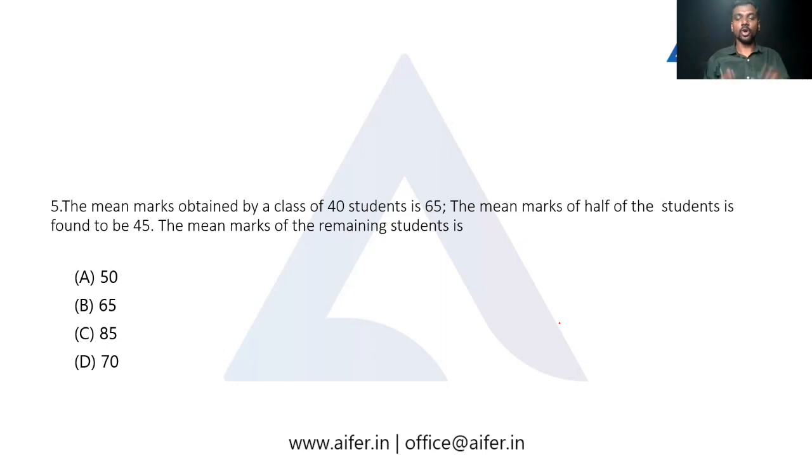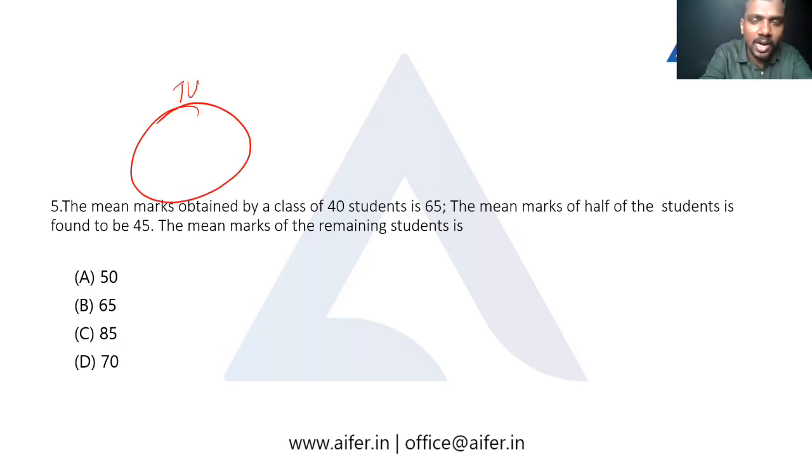So the basic concept you should be clear about is that, as I told you, suppose this is a classroom. The total marks scored by the students in the classroom will be equal to the sum of the total marks scored by half plus the total marks scored by the other half.